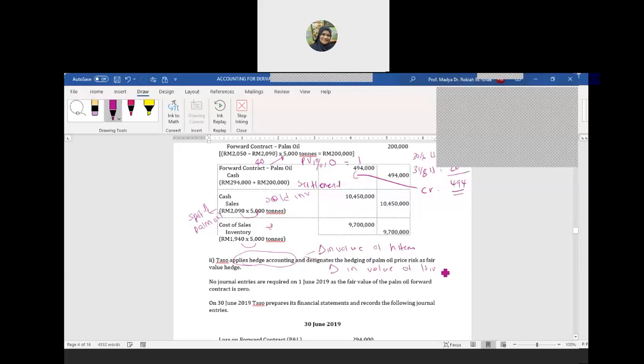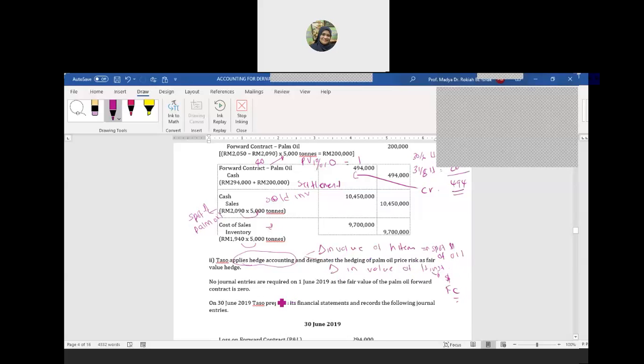So every transaction date, you need to account for these two. For the item, we refer to the spot price of the palm oil. For the instrument, we refer to the price of the forward contract.